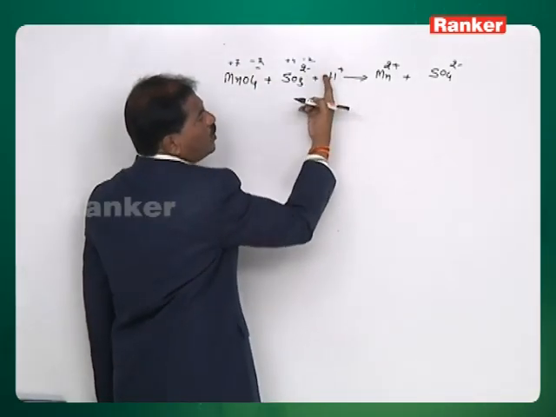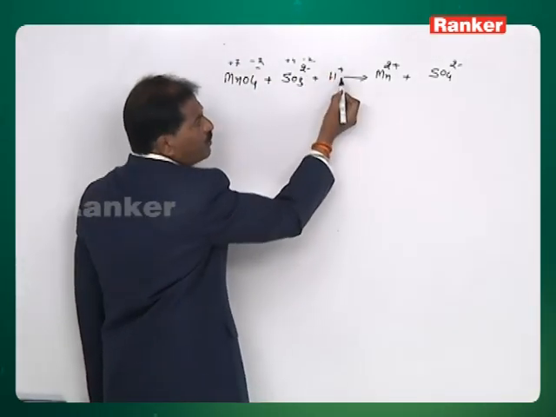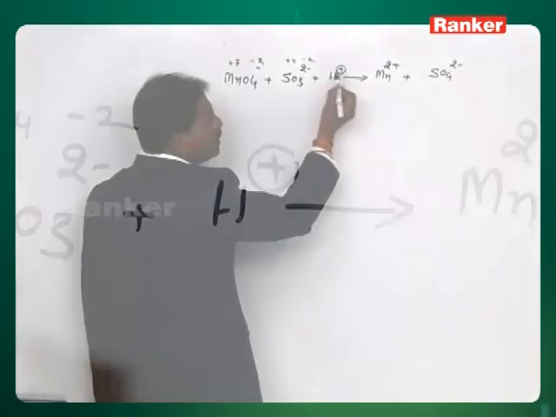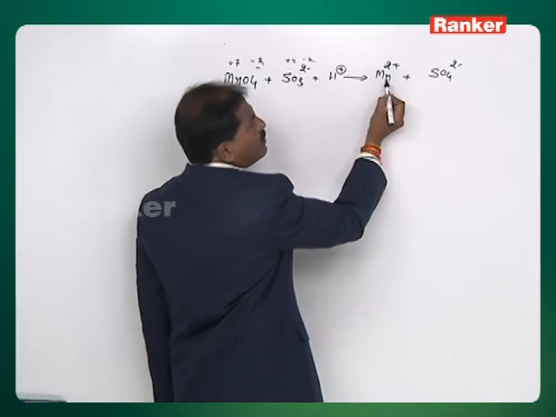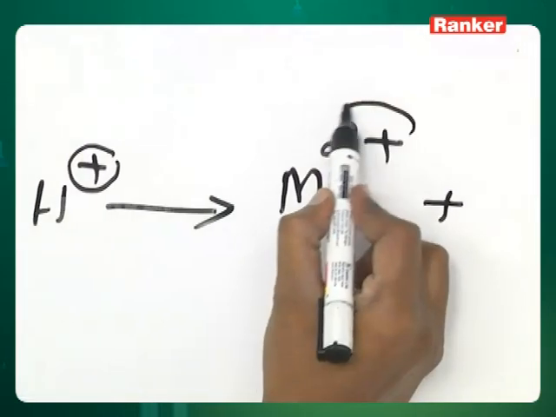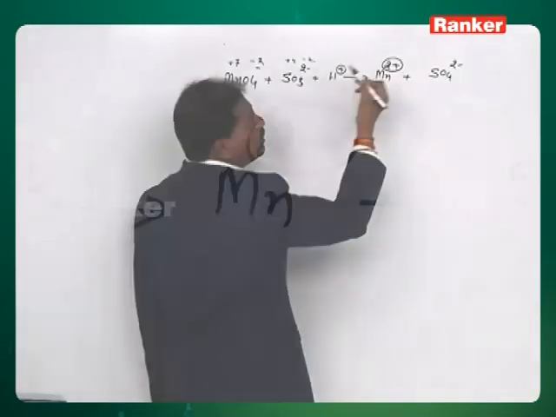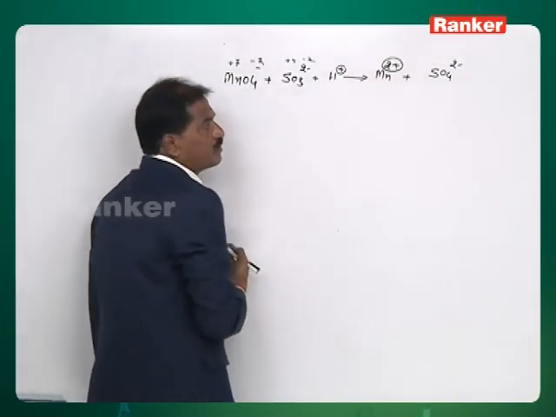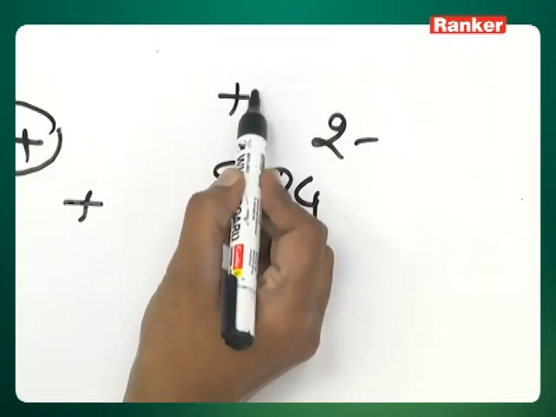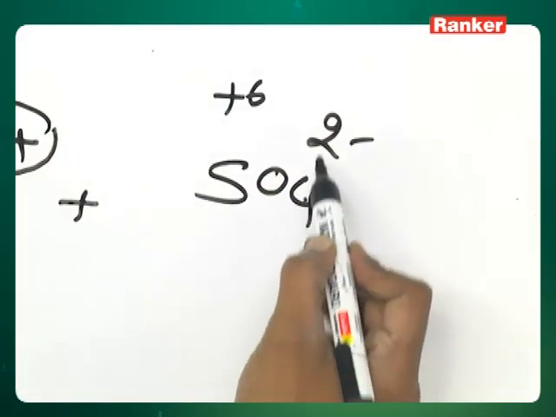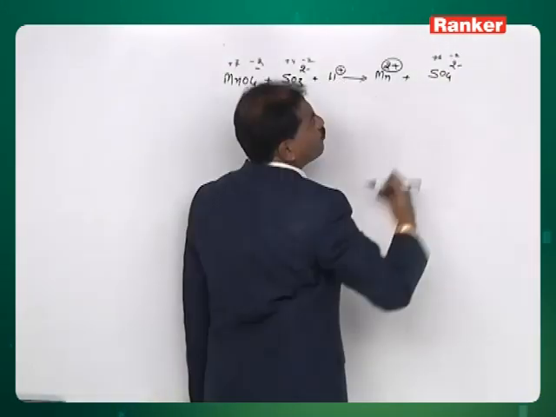H+ is a monoatomic ion. Therefore, the charge that is shown here itself becomes the oxidation state. Next, manganese is also a monoatomic ion. Therefore, the charge shown here itself becomes the oxidation state. Next, sulfate. Here, the oxidation state of the sulfur is +6. The oxidation state of the oxygen is -2.